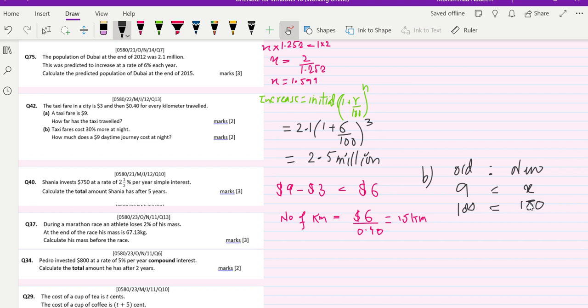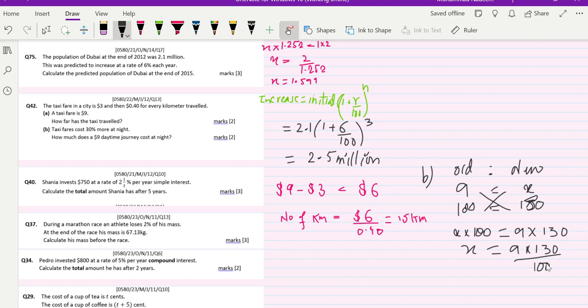Now we will solve this question for 130. Cross multiply. So X times 100 is equals to 9 times 130, and the X will be 9 into 130 divided by 100.